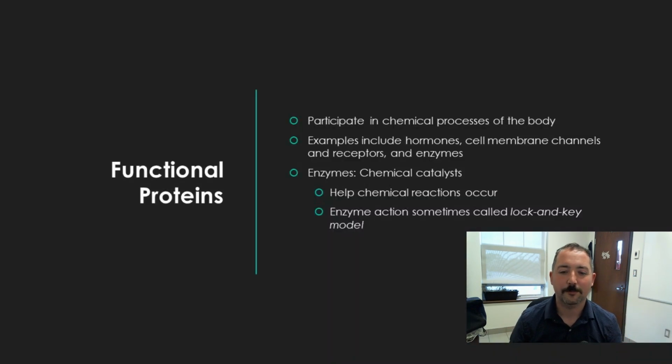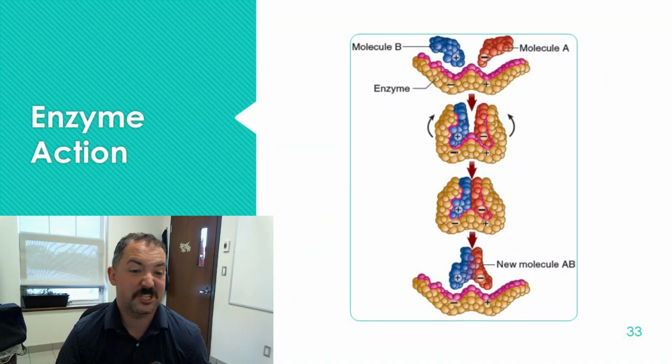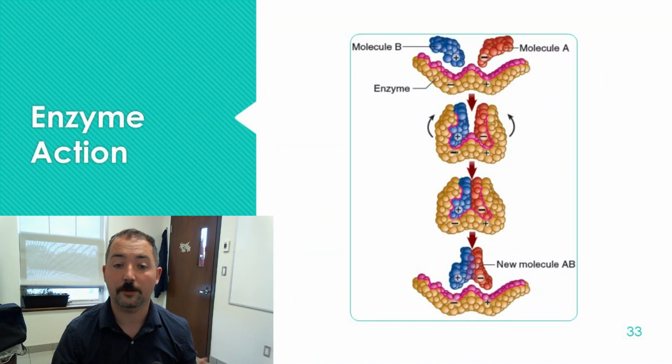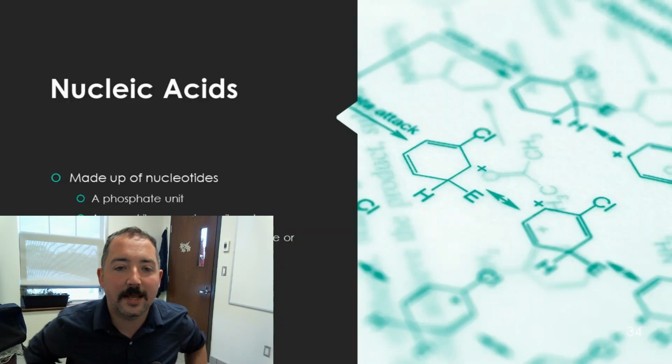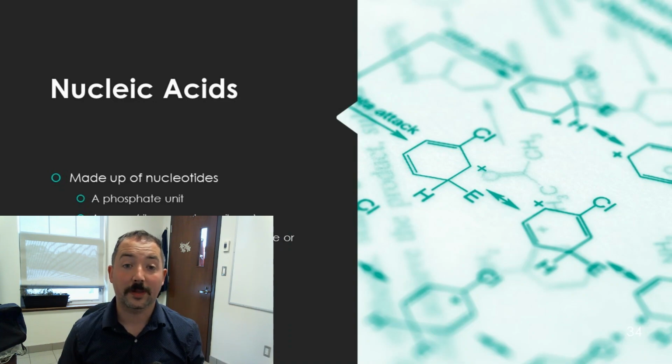So as I said before, proteins typically either help form structures within the body, and they're called structural proteins, or they help the body perform a specific function, called a functional protein. Sometimes a protein's job is just to speed up or facilitate a particular reaction, and in those cases we would call those proteins enzymes.